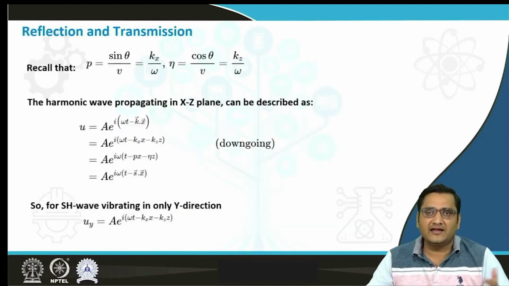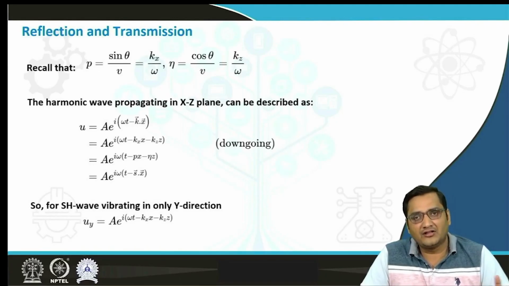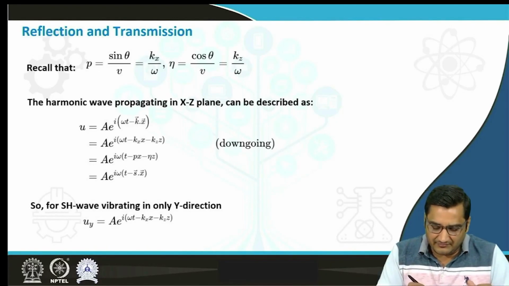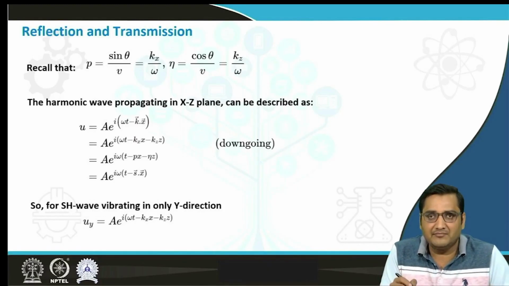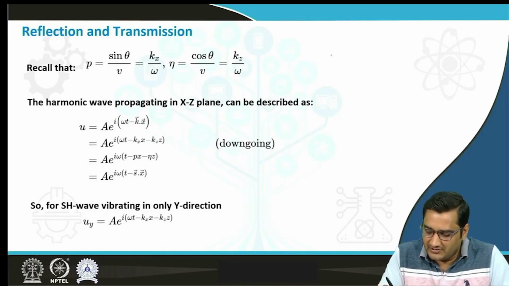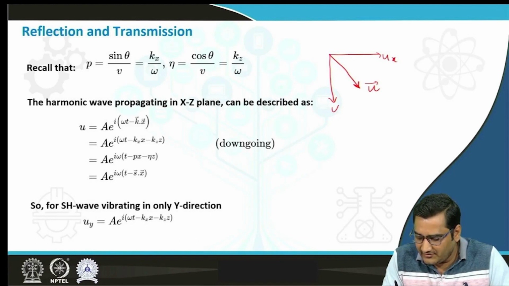Now let's have a recap of the formulas for the wave number, ray parameter, horizontal slowness, vertical slowness, etc. If you remember, we talked about the slowness vector. The slowness vector can be decomposed into a horizontal component and a vertical component. If this is your u vector, then this is ux, and this may be your uz.